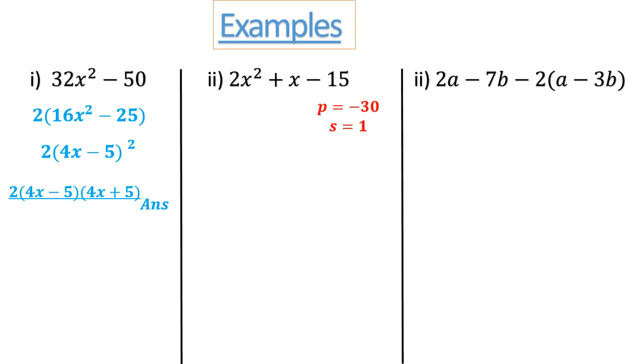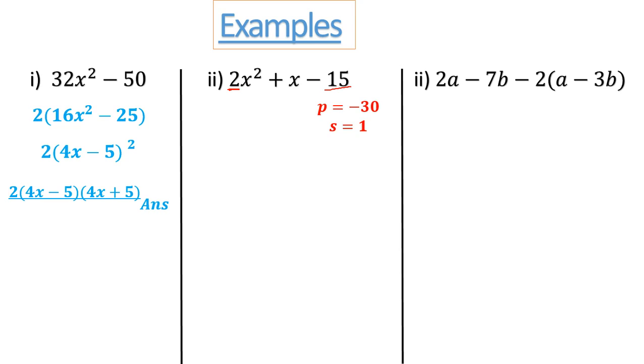So the product in this case, we multiply the coefficient, the 2 times the negative 15, and we get a negative 30. Then the sum is just the coefficient of the x with the lowest degree, which is a positive 1.